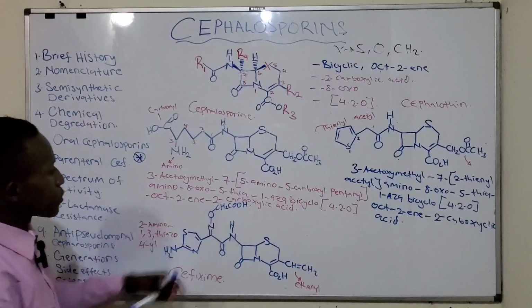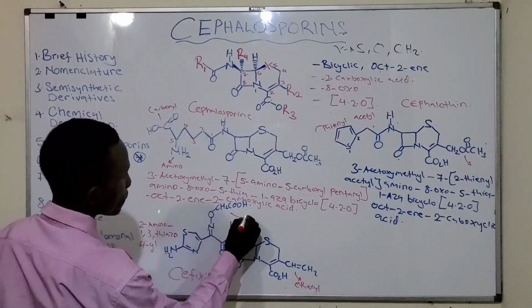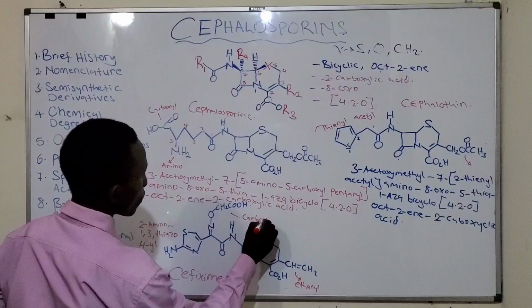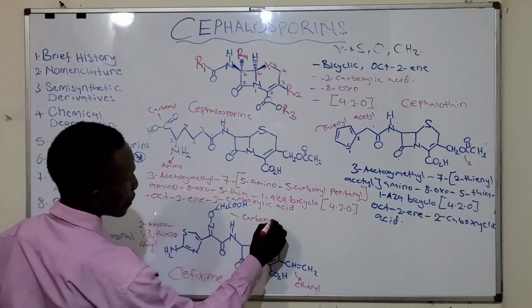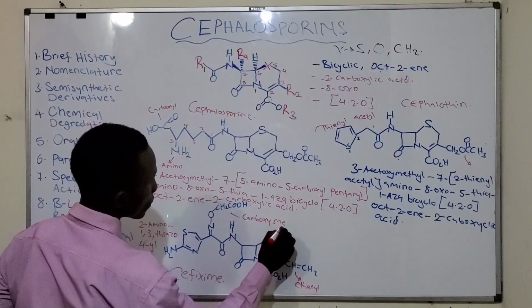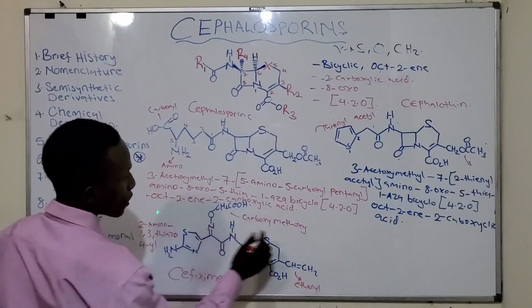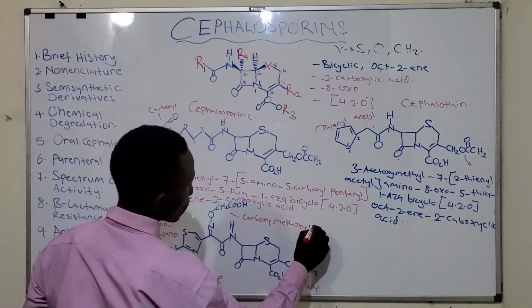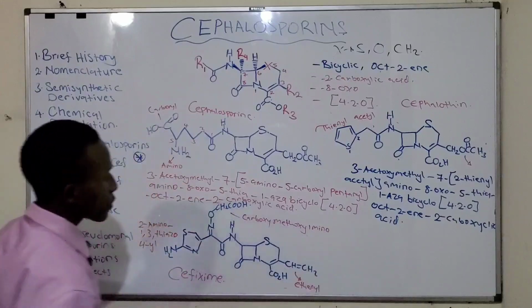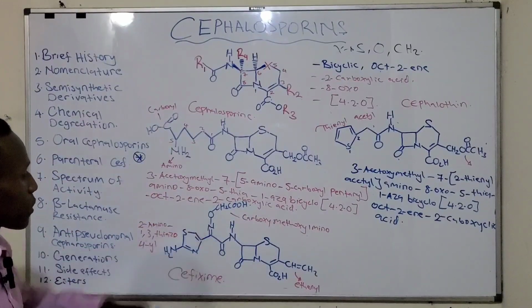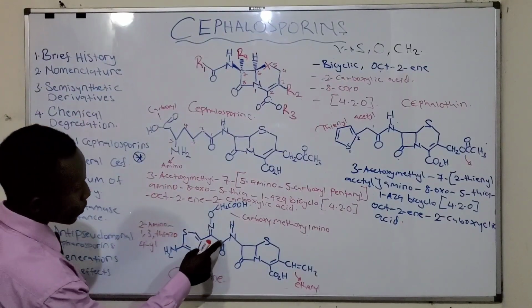Then when we come to this group, it is carboxymethoxy. It's carboxymethoxy amino group. This one, and it's at position 1, 2.